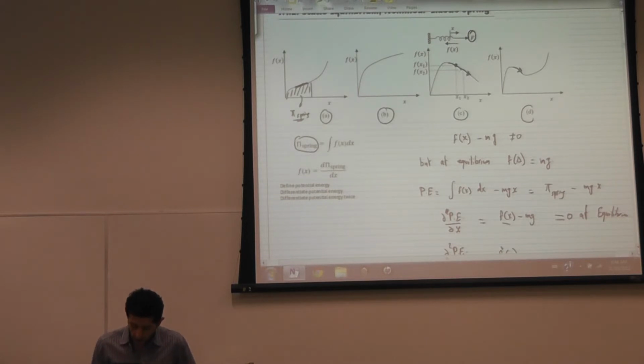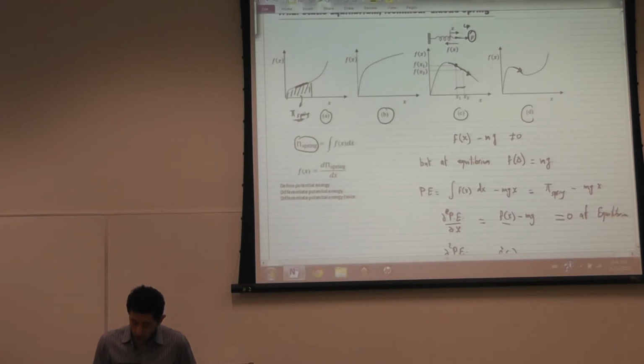So now I have f of x1 in equilibrium with the external force F. And let's say the wind comes and pushes this point in this direction a very small distance.